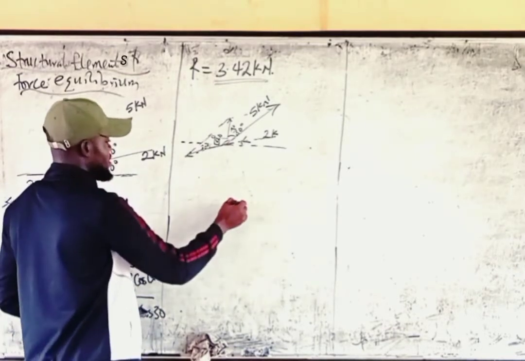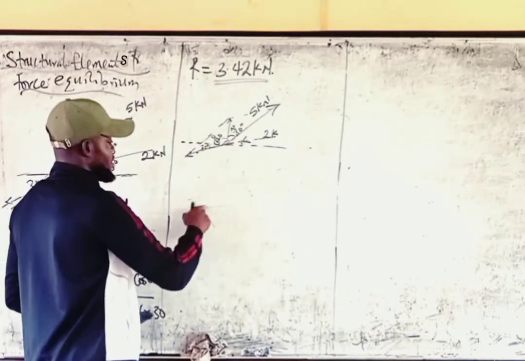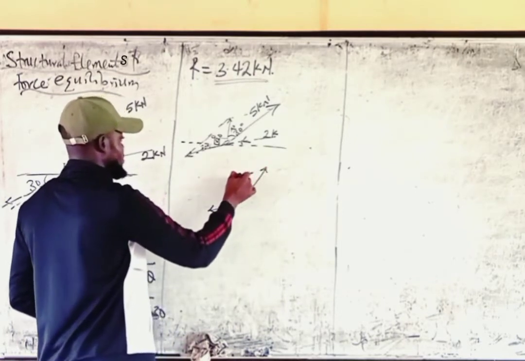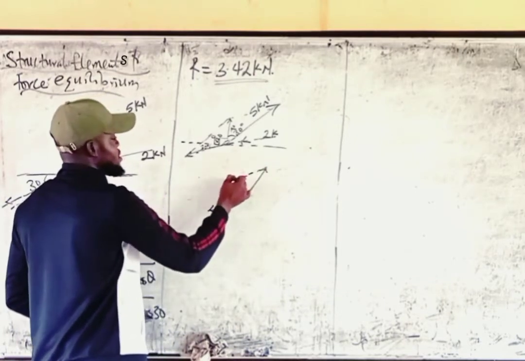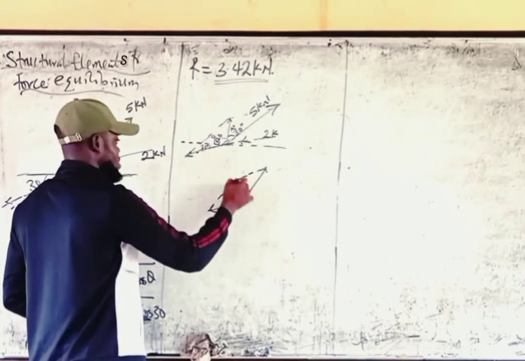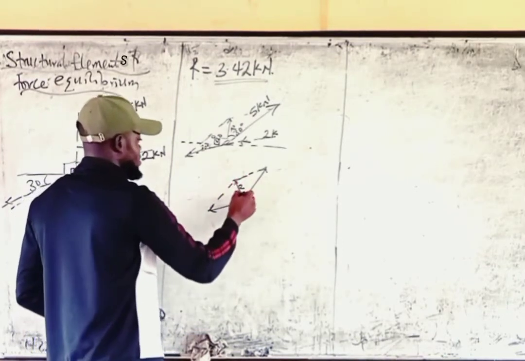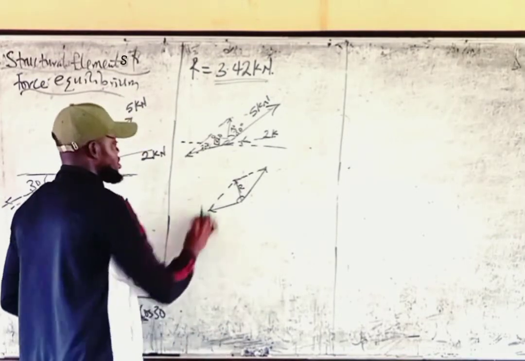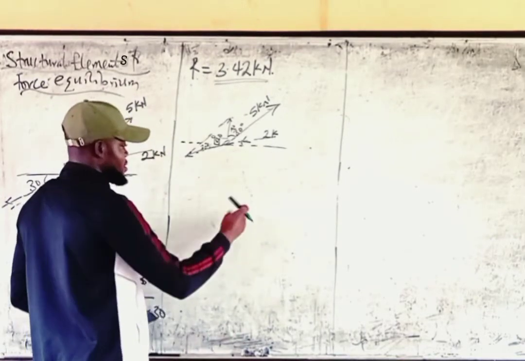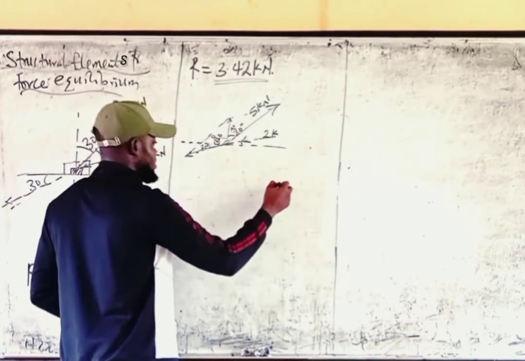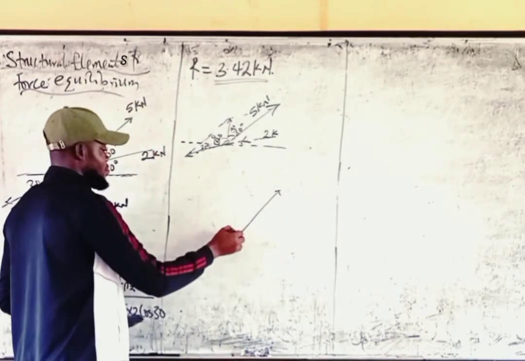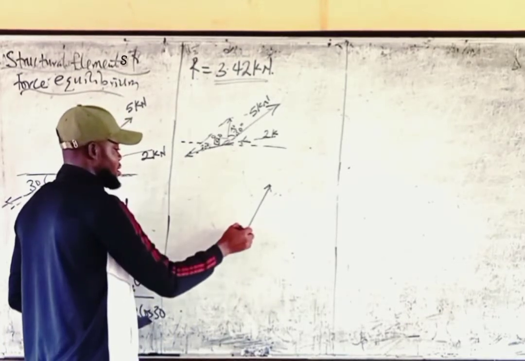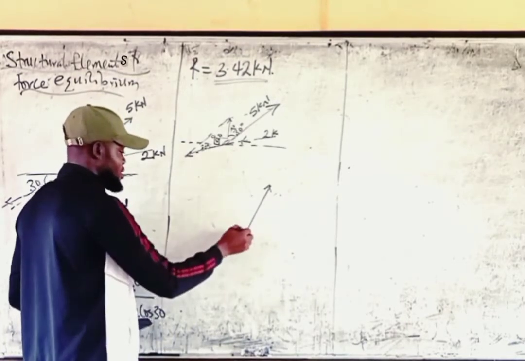So let's check what I do have. We have something like this. We have this, and we have this. So these are our resultants. So the angle will now be 30 plus 30 plus 90. Let me draw so that it will be very big. I just want to show that the thing is making sense.